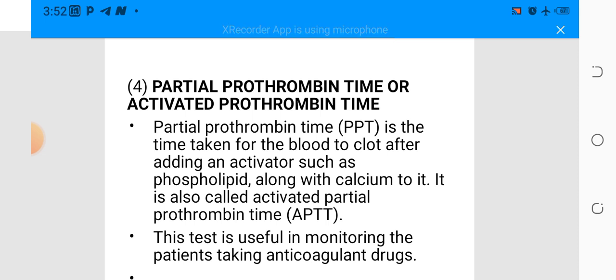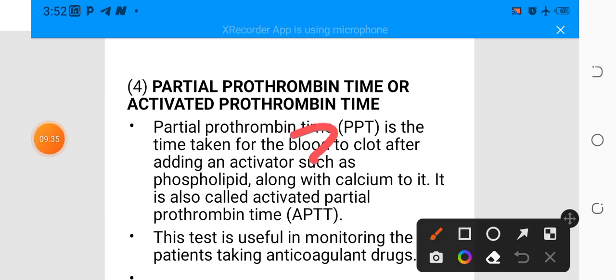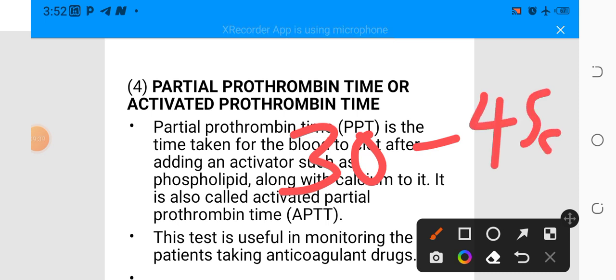It is carried out by observing clotting time after adding phospholipid, a surface activator, and calcium to a patient's plasma. Phospholipid, we know, serves as a platelet substitute. A commonly used surface activator is kaolin. A normal partial prothrombin time is between 30 to 45 seconds.